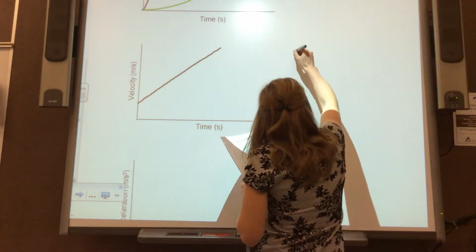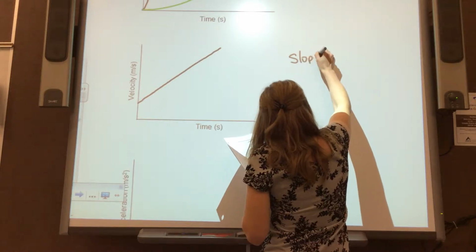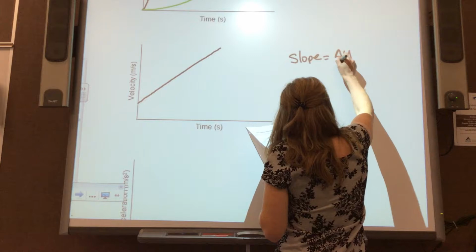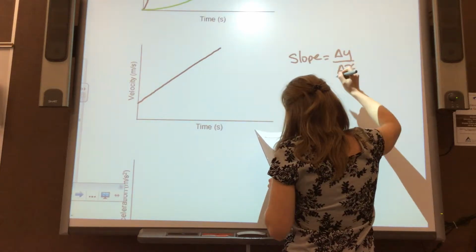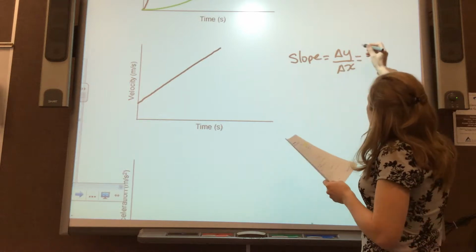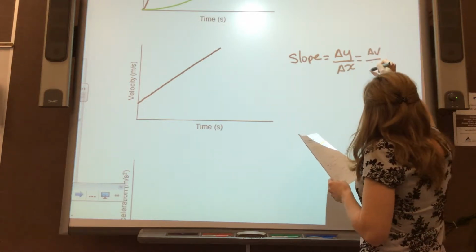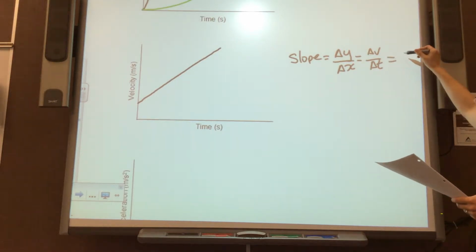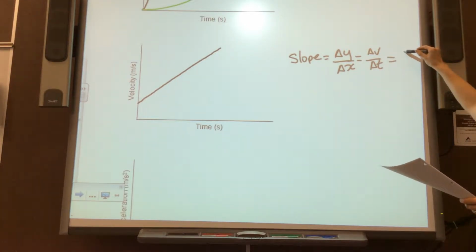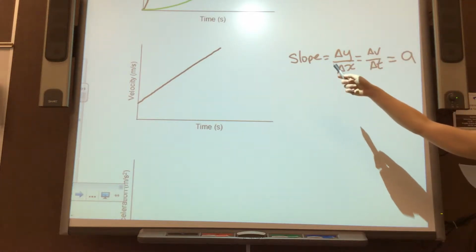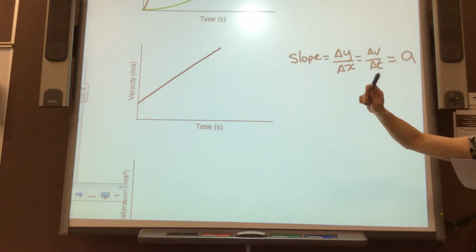Okay, let's keep in mind a few things here. For slope, we know slope is equal to delta y over delta x. So here, this is delta v over delta t. What is that? Velocity over time. Is acceleration. So if I find the slope of a velocity time graph, that's acceleration.